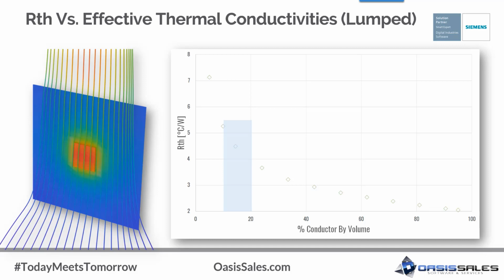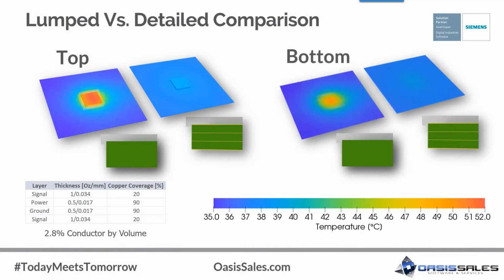This example is meant to represent what you might hope to achieve with this modeling approach, which could be a preliminary assessment of temperatures and a trend as input variables change. I did one other study where I compared the lumped approach versus the detailed approach. The table outlines the PCB construction and is the default stack-up in Flotherm's FlowEDA bridge.